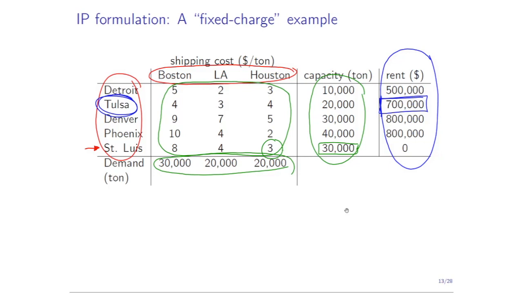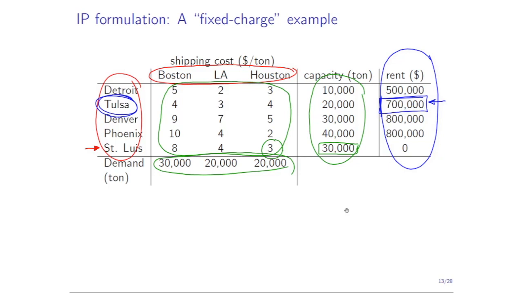As soon as you decide that you want to have a depot in Tulsa, you have to pay this much money. This cost is fixed and it is not dependent on your production, on your operation level at that facility.